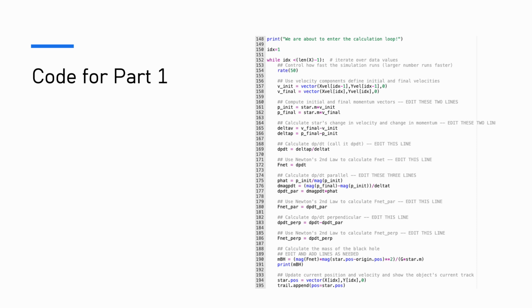We also calculate the parallel force along with the perpendicular force as shown, and then we're able to calculate the mass of the black hole by reversing the equation from the last slide of universal gravitation and solving for m.